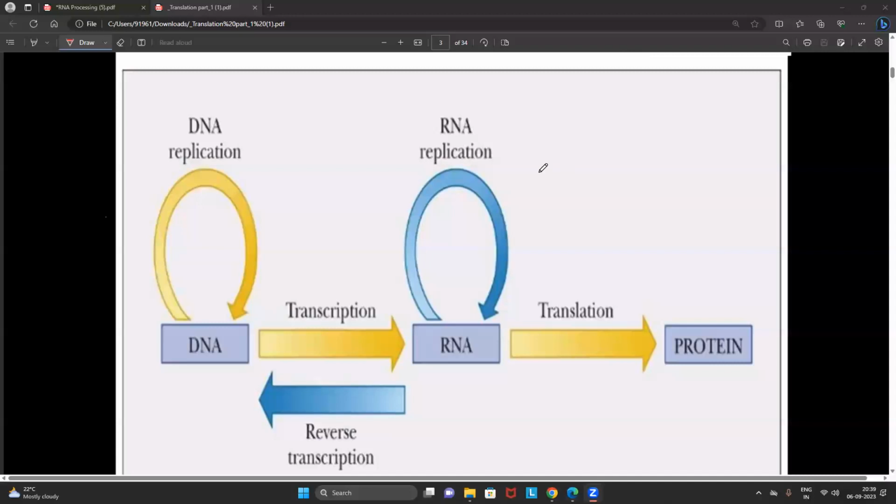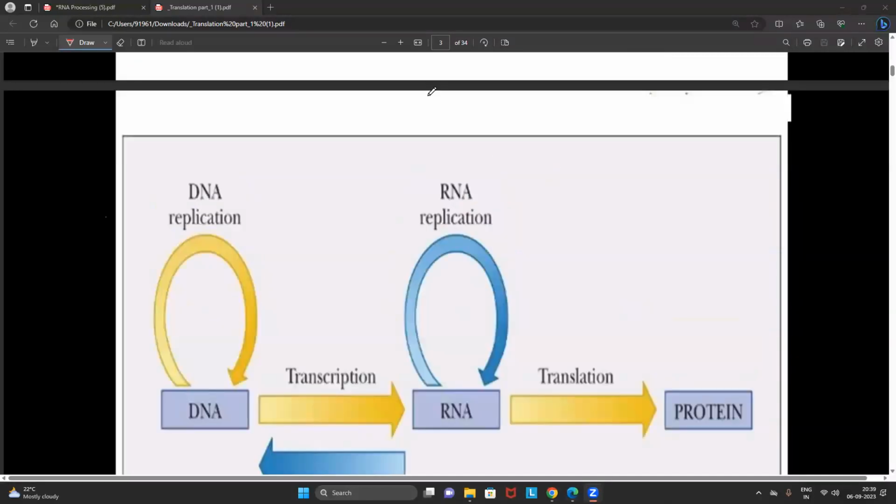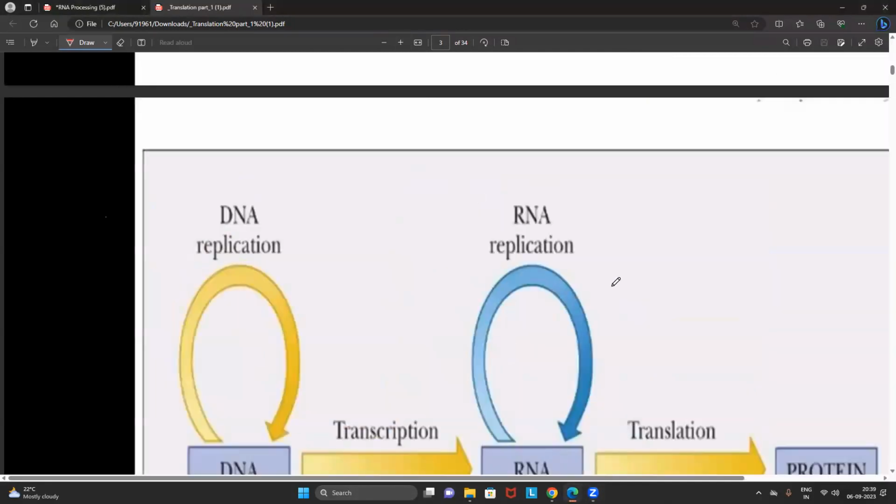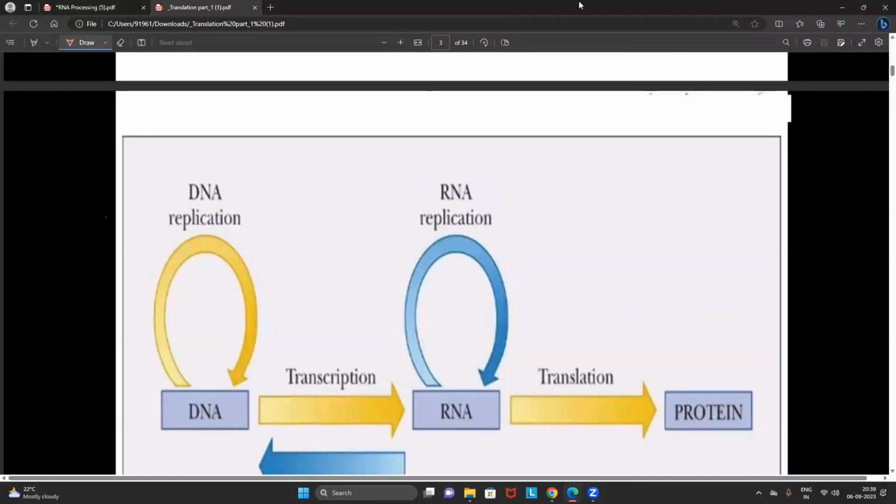Yes, correct, Shravanti. In self-splicing, we are taking the help of the external OH group, which is donated by the guanine. No, Shravanti, we are not using any enzyme. You are getting my point. Guanine is not an enzyme, no? Guanine is not a protein, no?